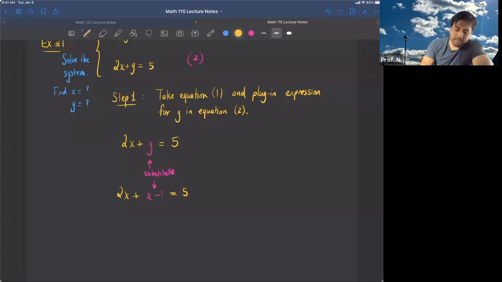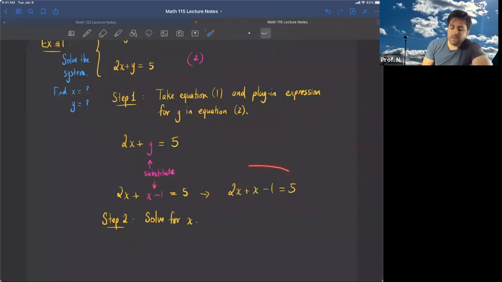And then the second step: once I have this, I can solve for x. Now I have the equation 2x plus x minus 1 equals 5. What's nice about this is that this equation has only one variable in it and not two. So now I can solve this.